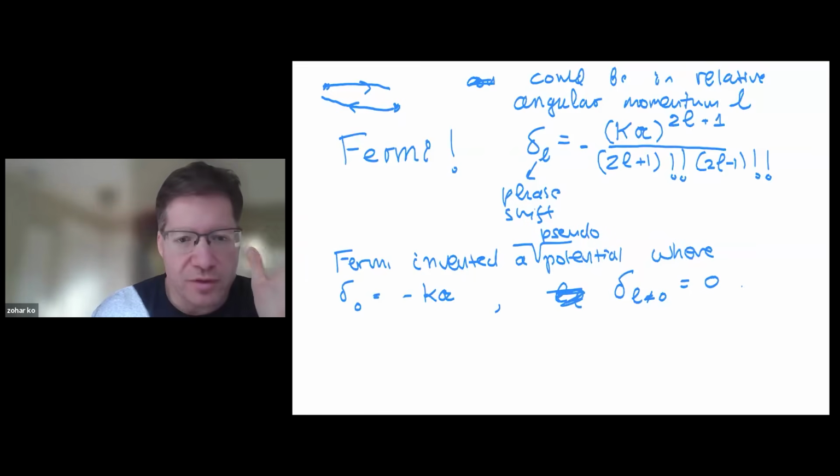Otherwise, you don't care about this interaction. So it's clearly a simplification. Point number two is that it's a good simplification because it's very close to what happens in real life for slow neutrons or for very low energy atoms in atomic and molecular physics.